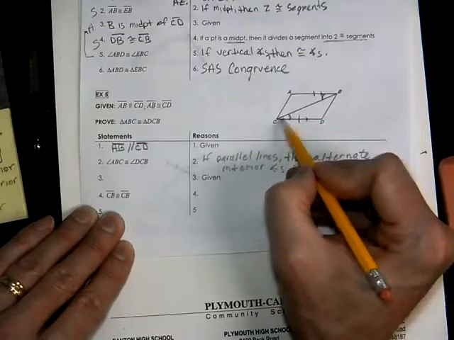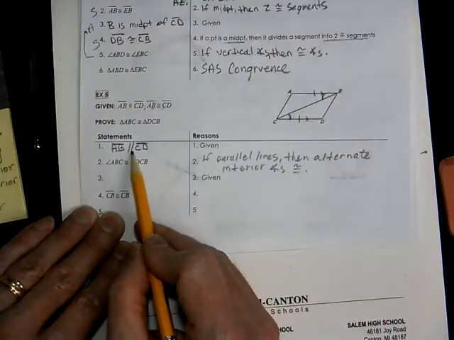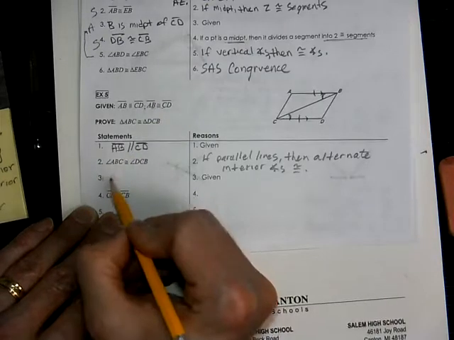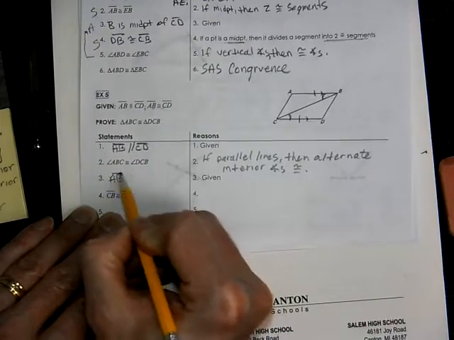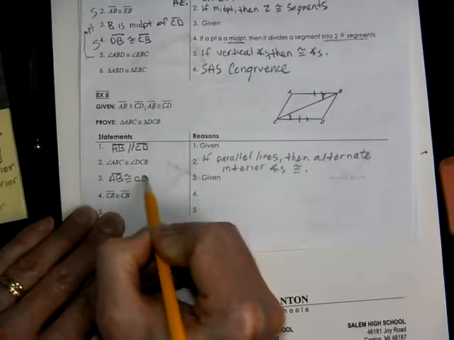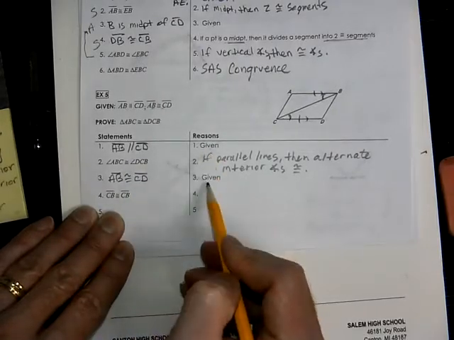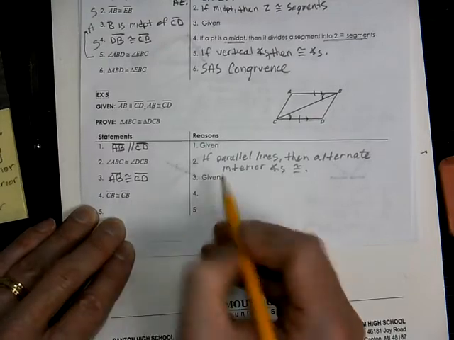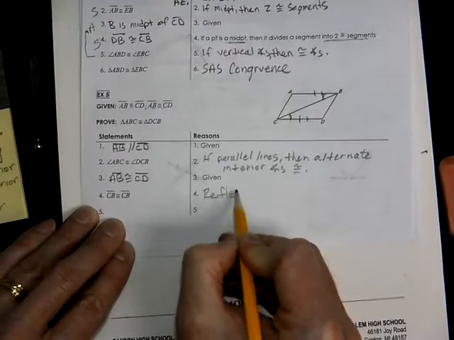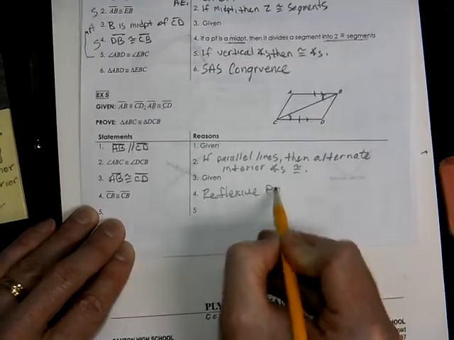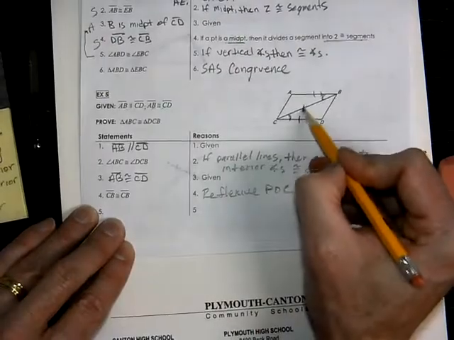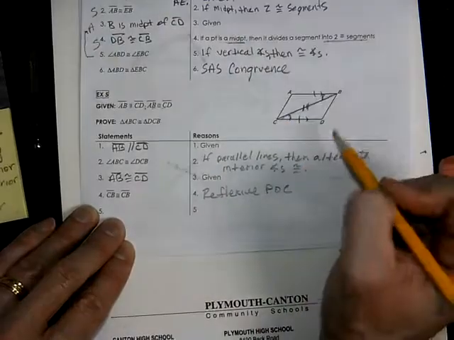We know these angles are going to be congruent because we have parallel lines. The other part of given information we haven't talked about yet, some people like to make those all up in the same line, or you can separate them. We have our reflexive property of congruence. That's the one that's being shared between the two.